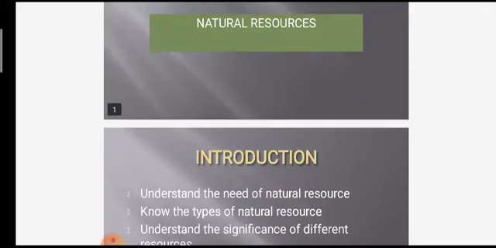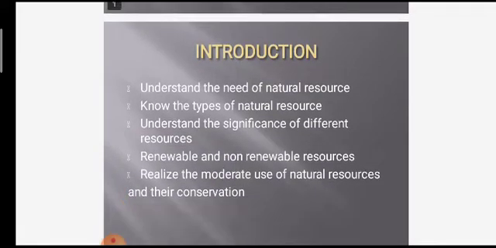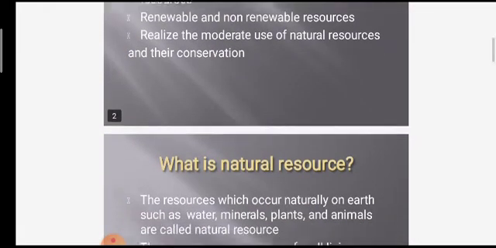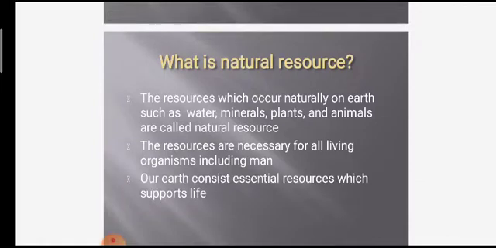Now, the topic name is natural resource. What do you mean by natural resource? The resources which occur naturally on earth. It is a natural process. The resources occurring naturally, such as water, minerals, plants and animals, are called natural resources.